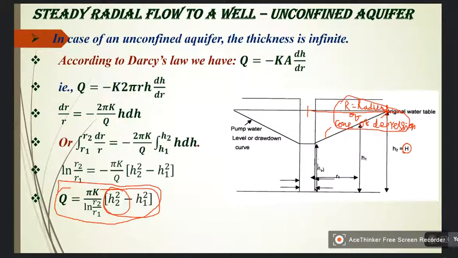So this radius of cone of depression R depends upon soil properties. There is an equation given for this R. So that equation I will show you.